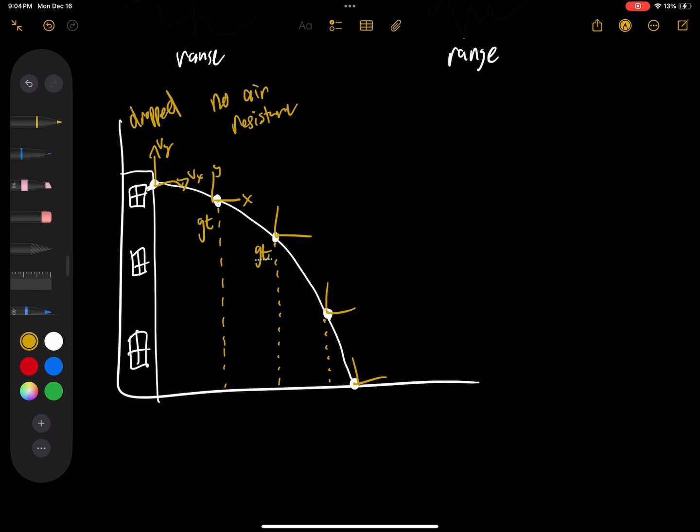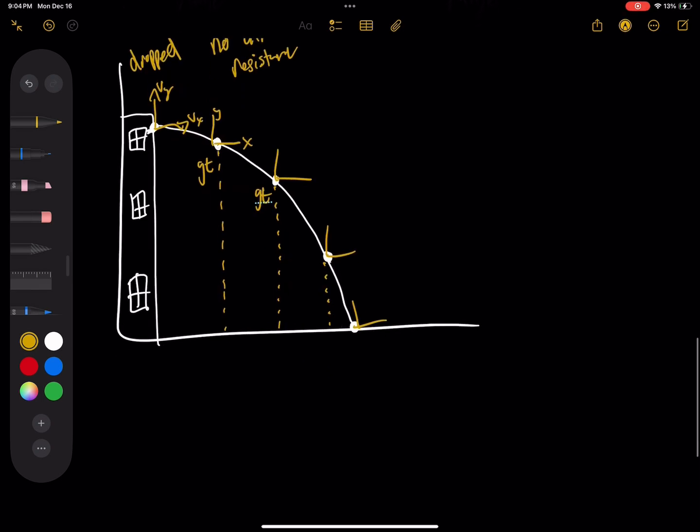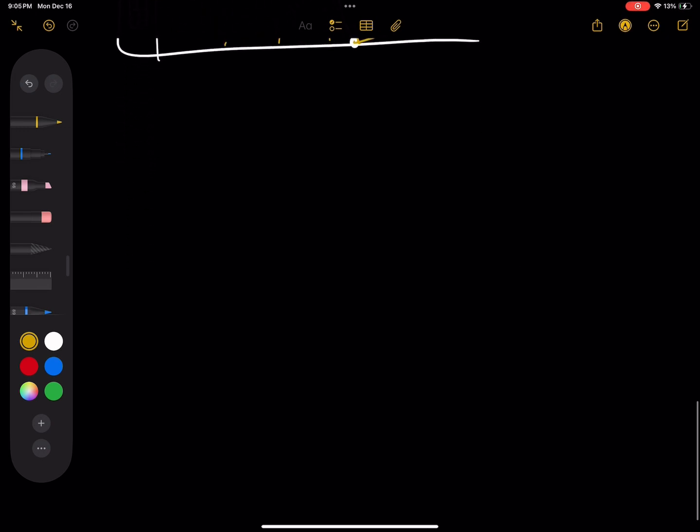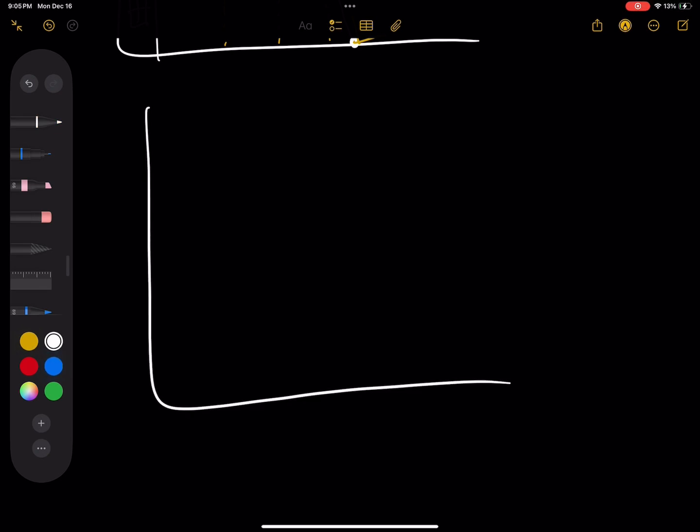So I'll make a clearer example. We've got something like this, some sort of cliff. I can't draw this. And we have a cannon, and this one's actually going to be shooting something out. So it's going to look something like this.